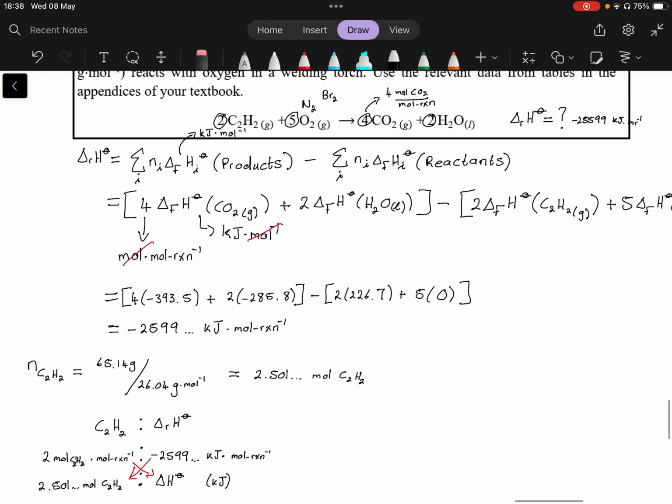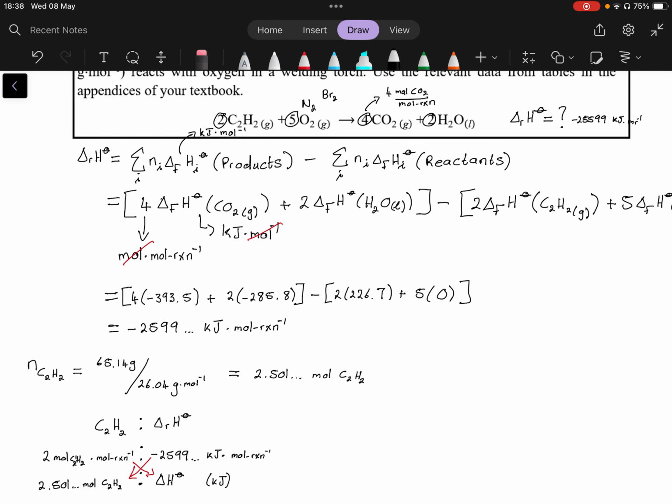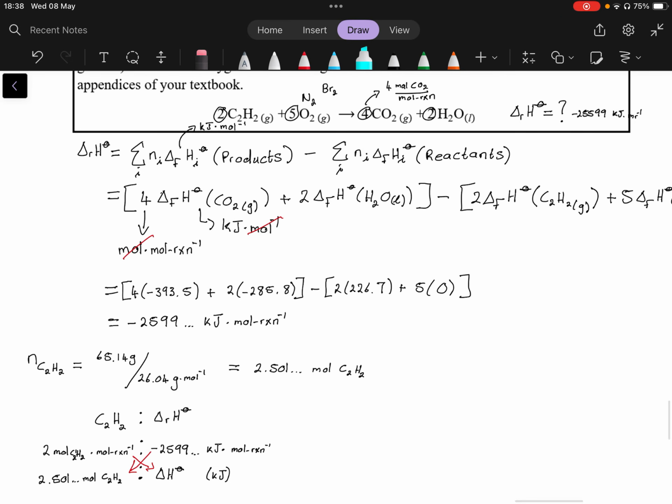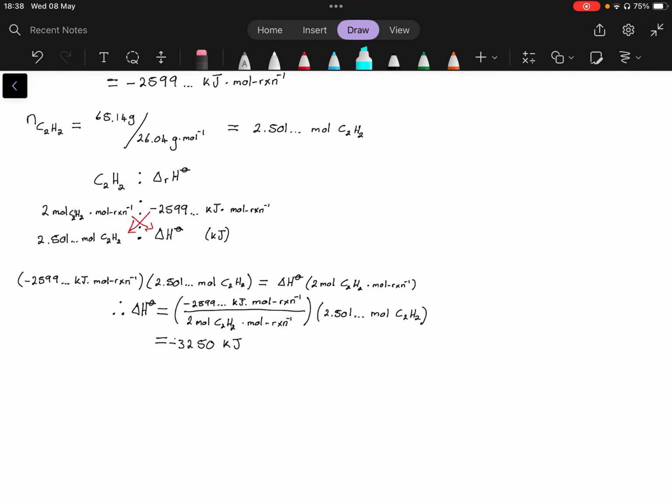Right, and I hope you're getting more comfortable with the idea of how to write this conversion part. So meaning this being related to this stoichiometric unit, you can write by now that this is delta RH over your stoichiometric coefficient with its unit, multiplied by the actual thing.